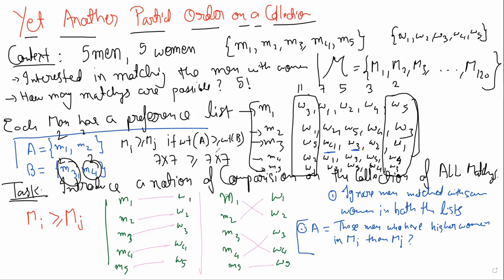Yes. The problem is that you do not want to call MI and MJ equal, right? Different, because MI can be greater.